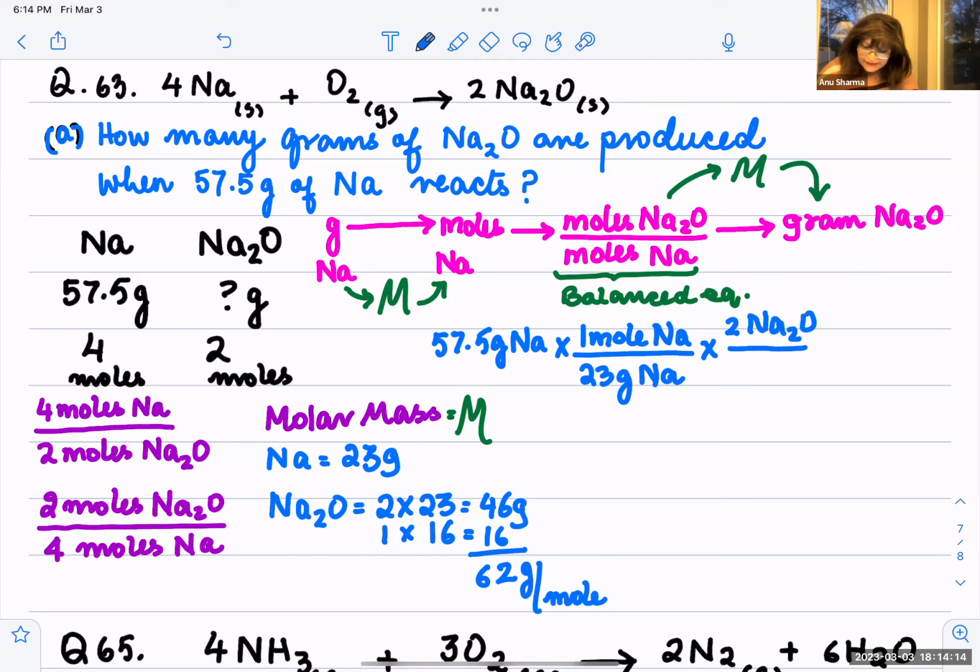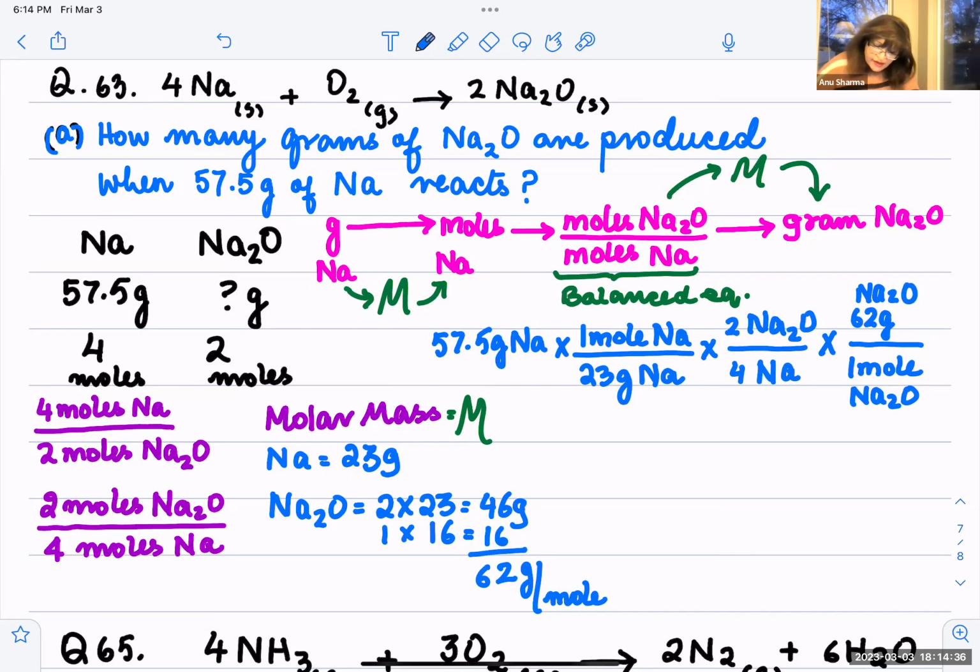It's okay to write it like that, and that means the moles. Next is 1 mole of Na2O in the denominator, and 62 grams of Na2O in the numerator.